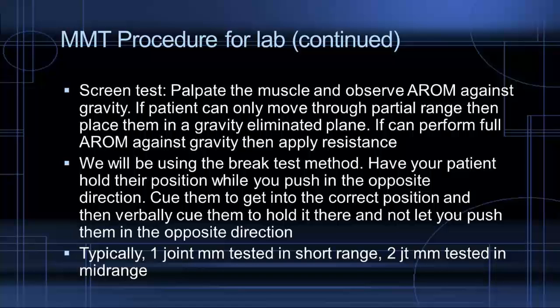So if you think about an individual 2-joint muscle, like your biceps, for example, probably if we test it at full elbow flexion, it's going to be not as strong as if we test it in mid-range at about 90 degrees of elbow flexion. If we test it in full elbow extension, it's probably not going to be as strong either. So those 2-joint muscles, we're testing them in the strongest area of their range of motion.